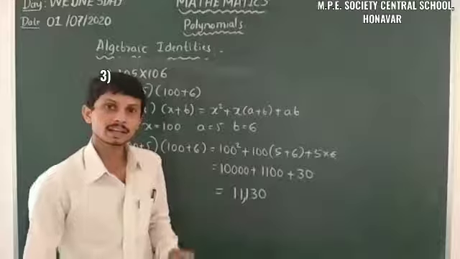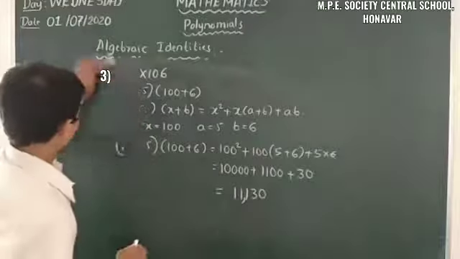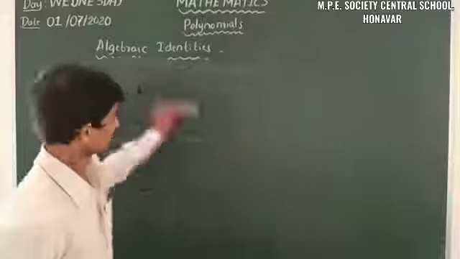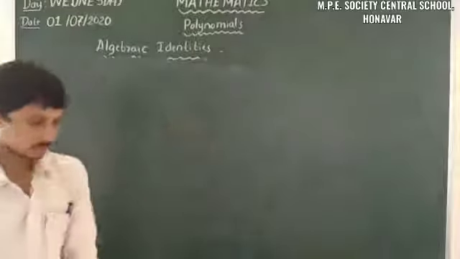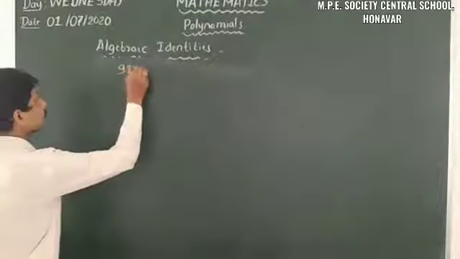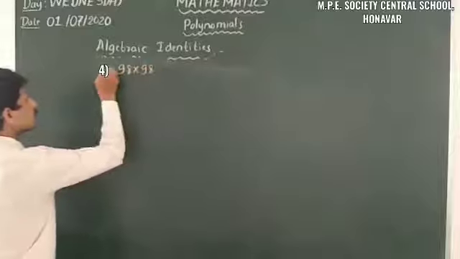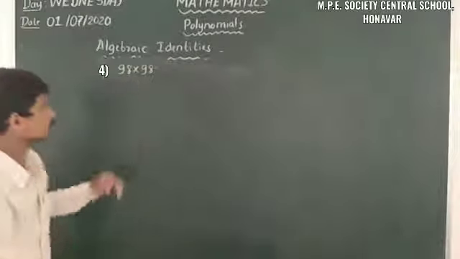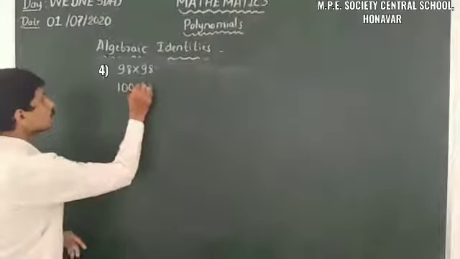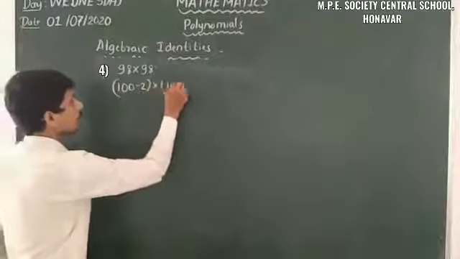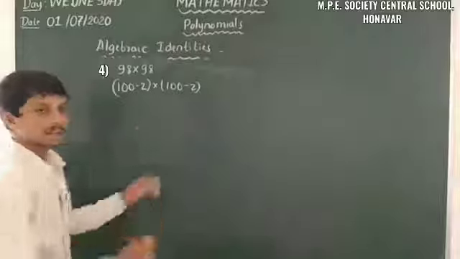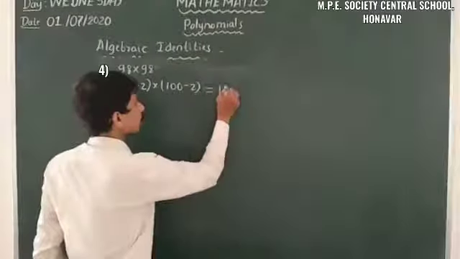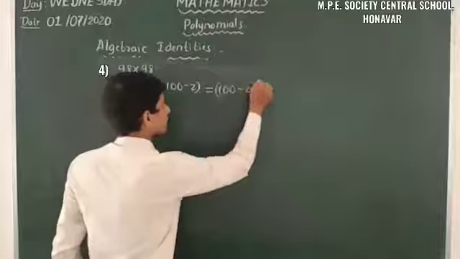So let us take another example, 98 into 98. Just observe here, we can write 98 as 100 minus 2. So that is (100 − 2)(100 − 2), which I will write as (100 − 2) whole squared.